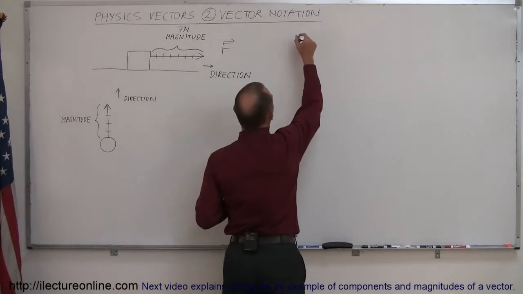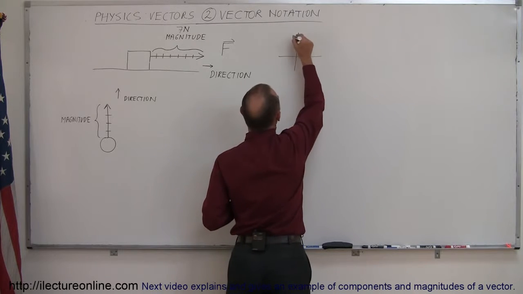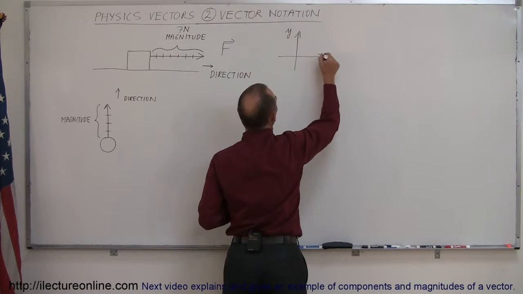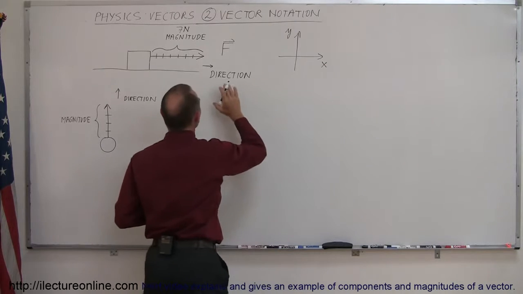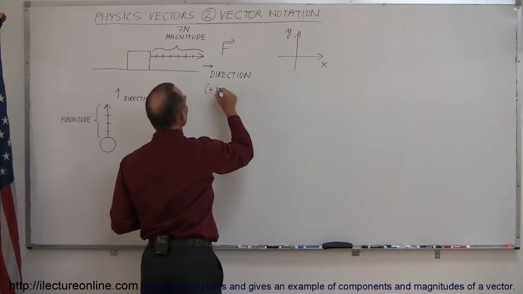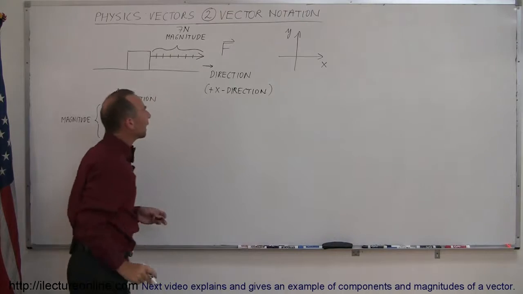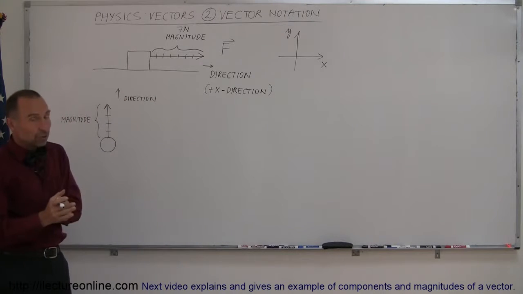And if you put a Cartesian coordinate system down, so that up would be in the y direction and to the right would be in the x direction, we can say that this is in the positive x direction, and so it has a magnitude of 7 newtons.